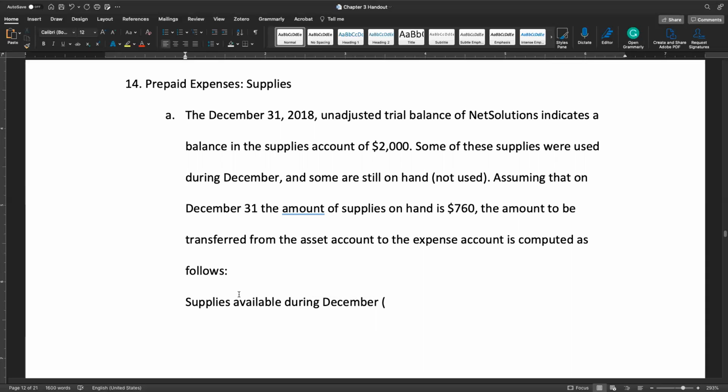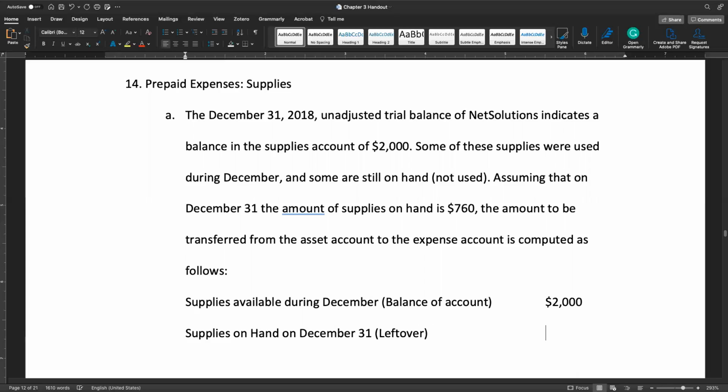During December, this is the balance of the account, and our balance for our account was $2,000. Okay, balance in the supplies account, $2,000. We also know the supplies on hand on December 31st. This is what we have left over.